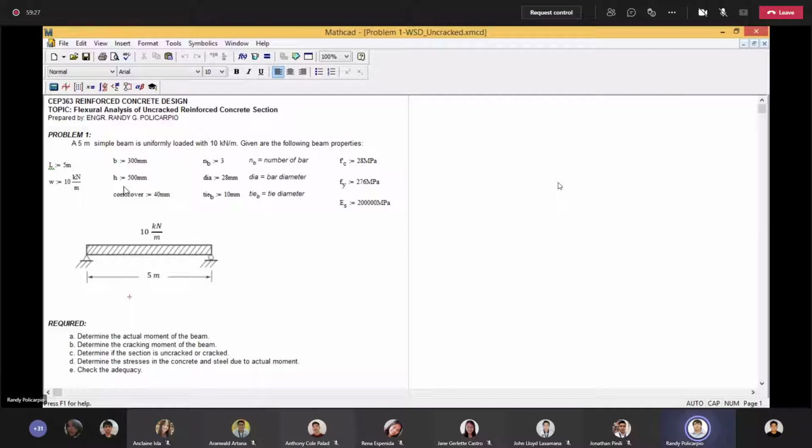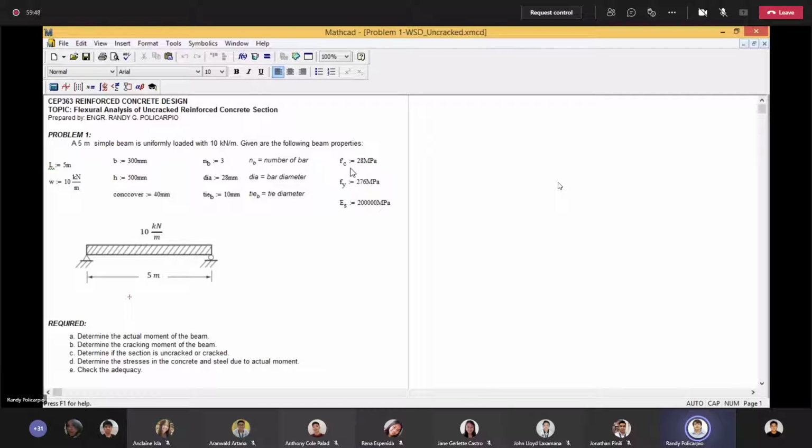Yung depth ng ating section ay 500. Concrete cover, 40 millimeters. The number of bars, 3. The diameter of the bar is 28 millimeters. The diameter of our tie is 10 millimeters.